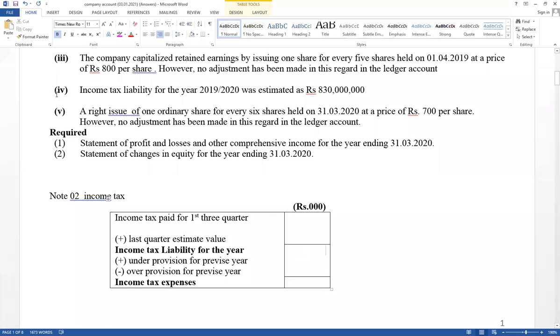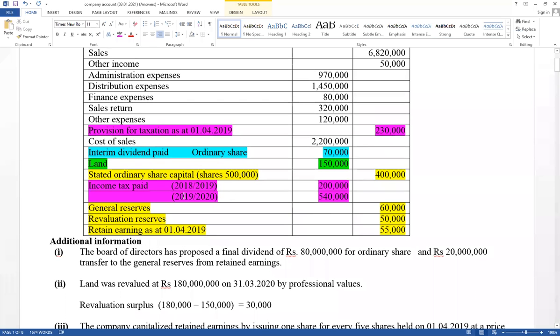In the additional fourth one, it has given income tax liability for the year was estimated 830 million. That value should be included here, 830 million. It has been given directly. And in the trial balance, it has been given on the debit side: this year's first three quarter paid amounts of accounting period 19-20. Therefore, on the debit side it has given tax paid.